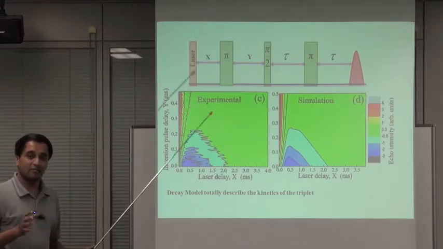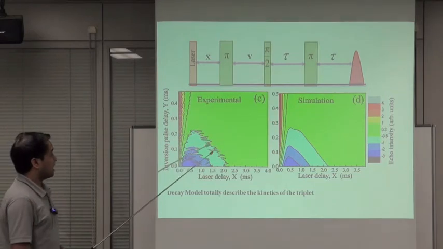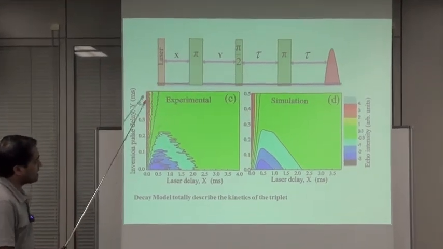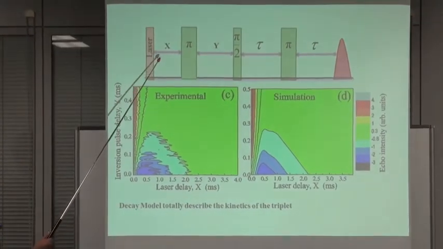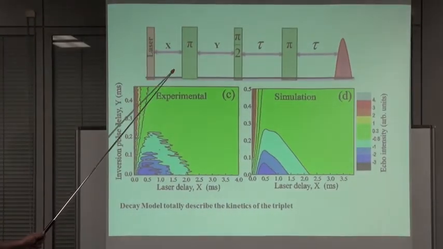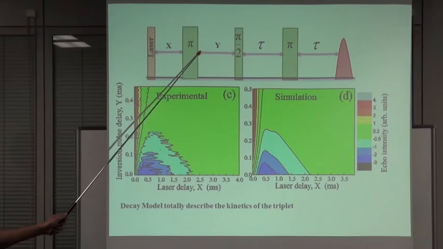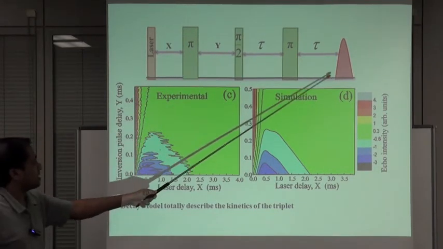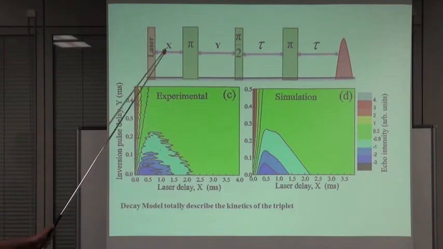And to confirm our decay model, we measure a 2D analysis of this sample: we apply a laser pulse and then wait for a time x, then apply a pi pulse and then wait for another time, which we call y, and then measure the echo intensity as a function of x and y.